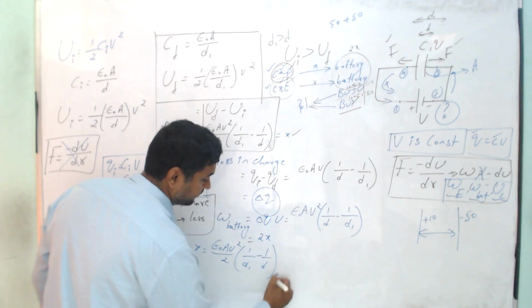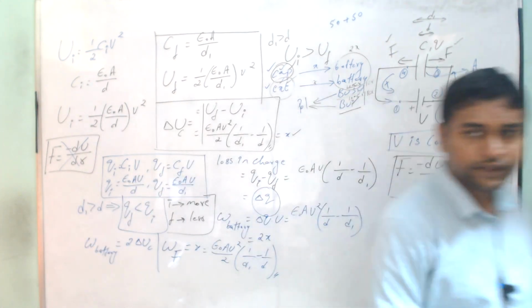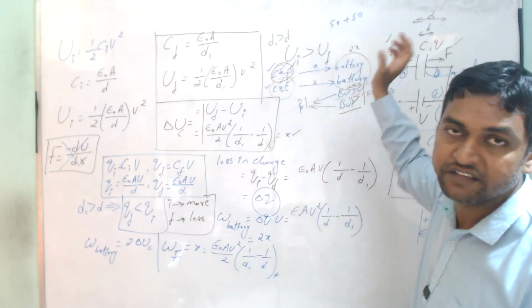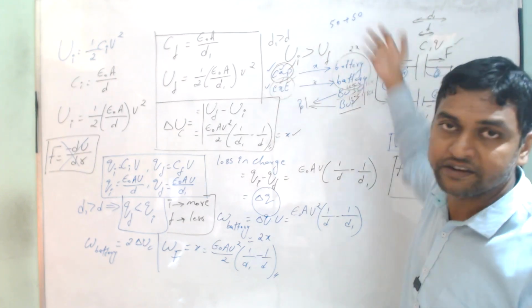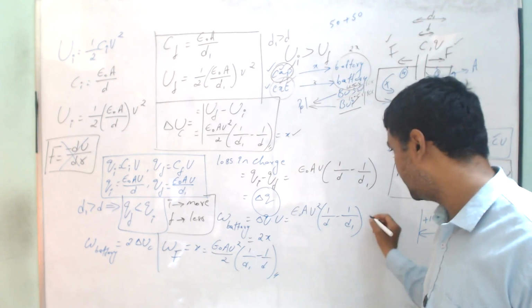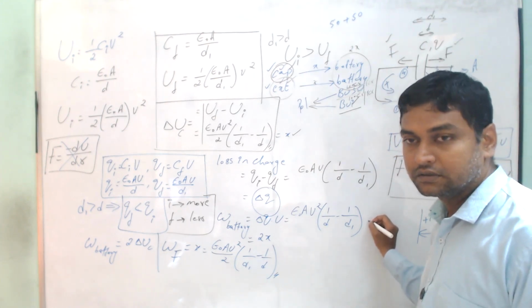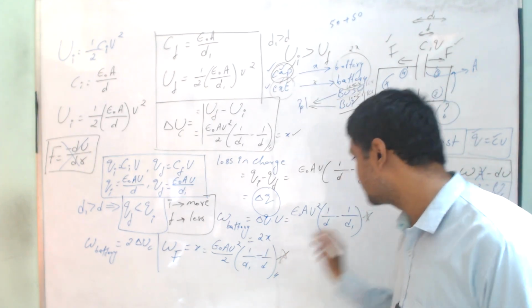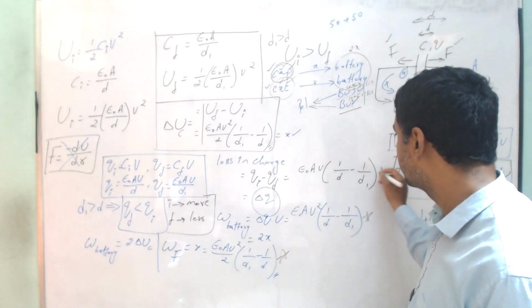Clear? Okay. Yes. A capacitor gave X, external agent gave X to the battery. Battery received how much? 2x. Yes, sir. Battery received 2x. So external agent gave X and capacitor also gave X.